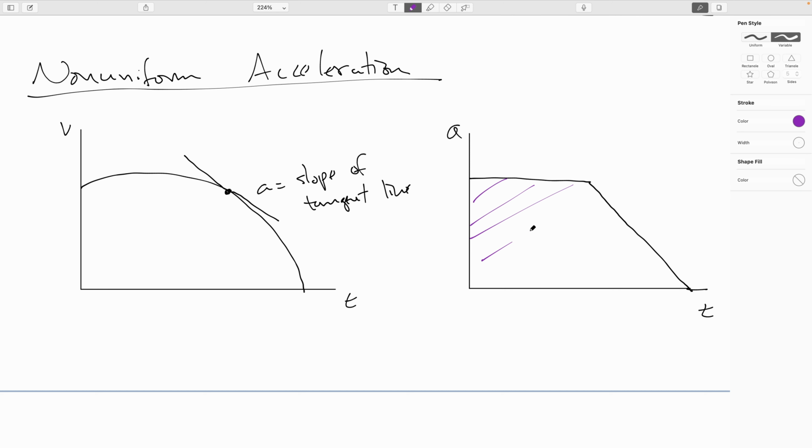This cross-hatched area here would be the change in velocity over this interval. In this case here, I'd probably break this into a square and a triangle, find the areas of both of those and add them together. Not something that I'm too stressed out about.